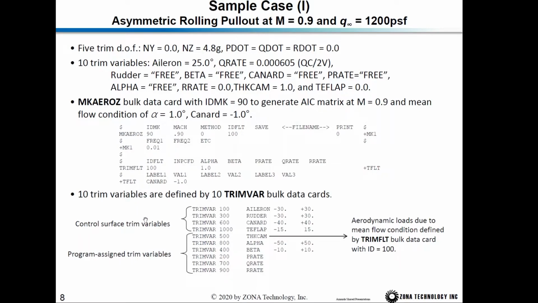We define 10 trim variables by 10 trim flat cards, and those 4 are the control surface trim variables: aileron, rudder, canard, and the trim flap, and we have upper bound and lower bound. And this trim variable defines the thick cam, and this aerodynamic loss due to the mean flow condition defined by the trim flat card. Then we have another 5 trim variables: alpha, beta, P rate, Q rate, R rate.